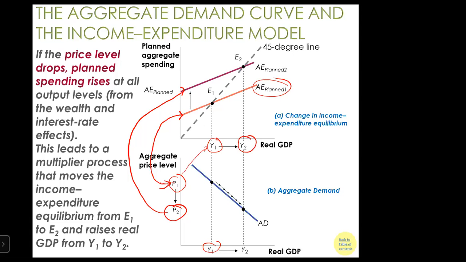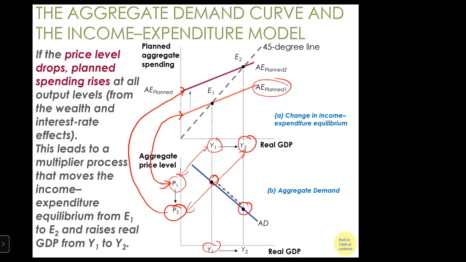So now we can put these two combinations into the diagram at the bottom. Okay, and hence we have this dot and this dot. These two dots just tell us the lower the price level, the higher the aggregate demand. The higher the price level, the lower the aggregate demand.